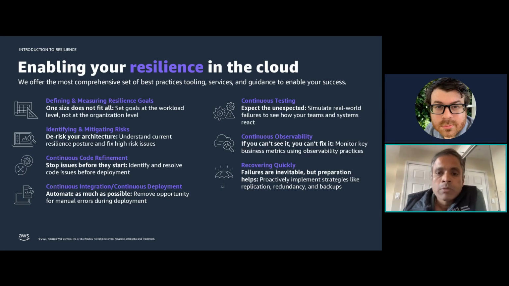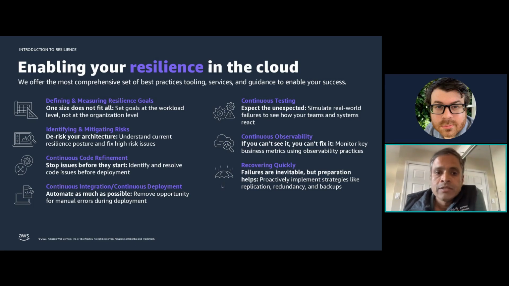And it provides recommendations that enable you to follow known best practices. Within the fault tolerance category alone, Trusted Advisor features 23 checks that can help identify risks and improve resilience.